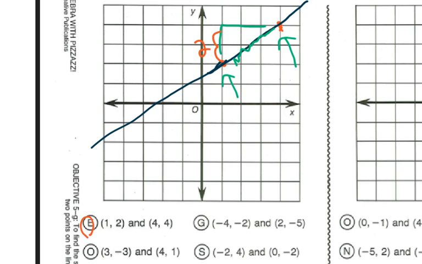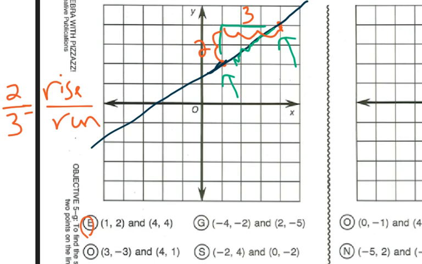And I have to go over 3, because I got 1, 2, 3. So I know the slope now. The slope is always rise over run. We went up 2, so we rose 2 and ran 3. So the slope is 2/3.